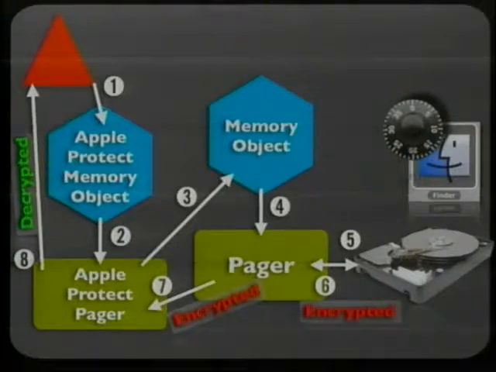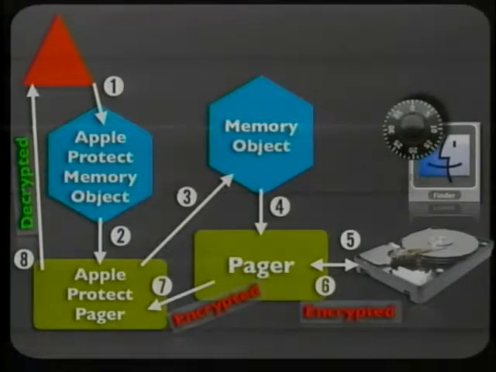So normally, you would start mapping pages in as you try to execute a binary. The moment they see that it's a protected binary, all they do is instantiate something called an Apple Protect pager, and they swap the memory object port so that the original VM object sees the new one, and this guy has the old one. Very simple. There's no tricks here.